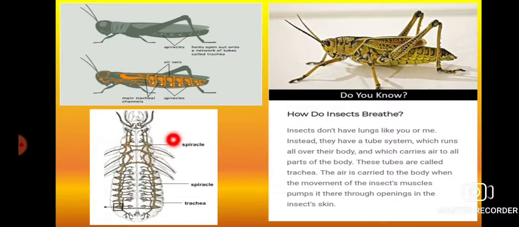Here also you can see the spiracles are on a different side, but the whole mechanism is carried out by the spiracles and the trachea. I hope it is clear to you.